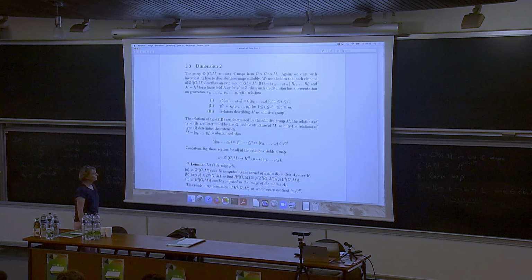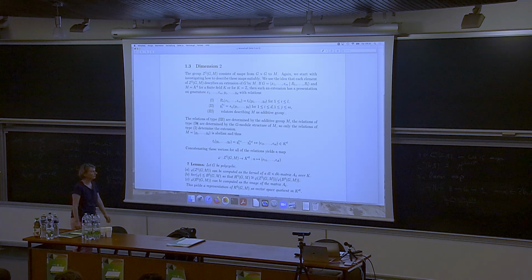Right. Up to here, this can be done for every finitely presented group and every abelian module that you have. But now we want to compute the image of Z2 under phi.